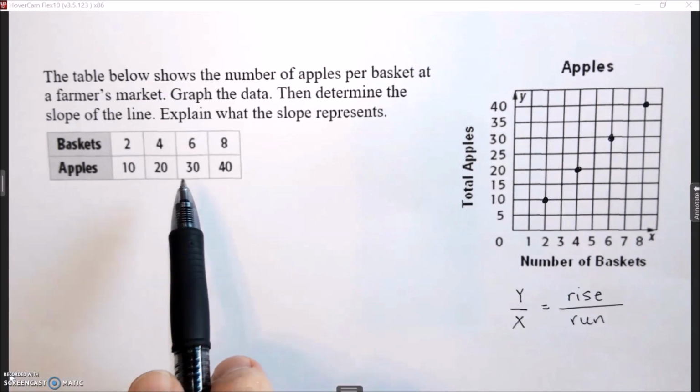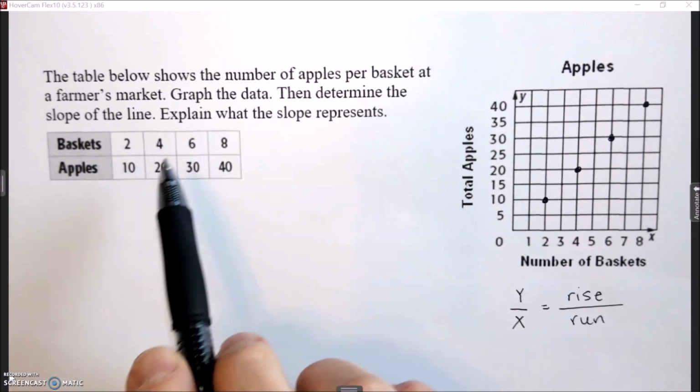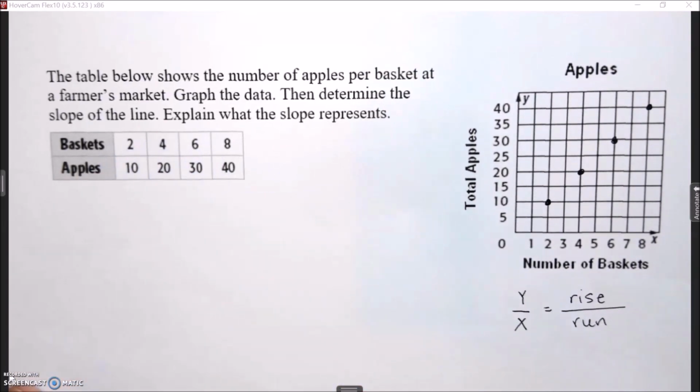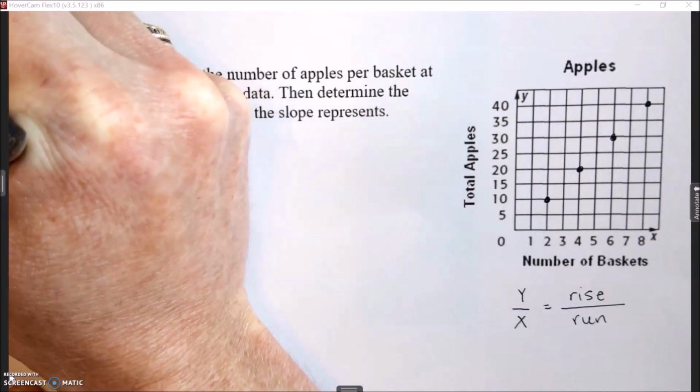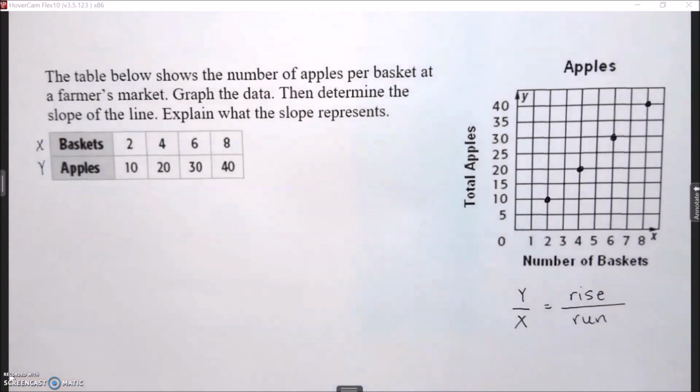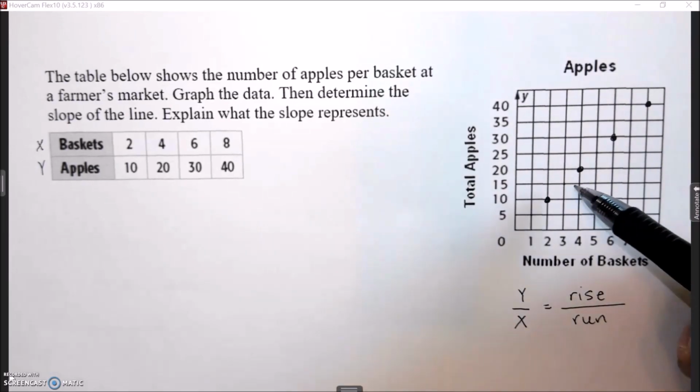Now, did you know that you can actually find the slope just by looking at a table like this. Now remember, the top part of the table is our x and the bottom is our y. Now you can actually determine the slope of a line just by looking at the table, just by looking at a set of ordered pairs, okay?